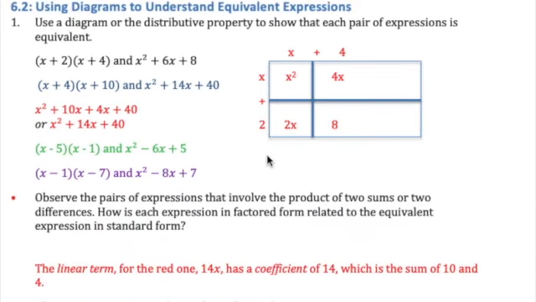The thing to really notice here is that the x term is the sum of the two numbers that get added to x. So up here in the black problem, I have x plus 2 and x plus 4. And when I area diagrammed it out or distributed, I ended up with a plus 6x because I had a 2x and I had a 4x. So whatever those added together to get, it becomes my x term.